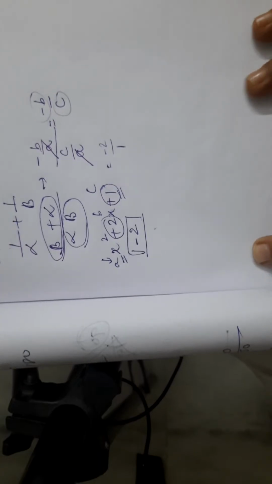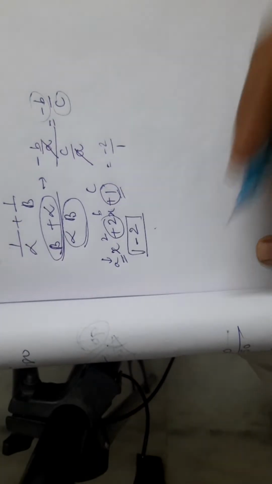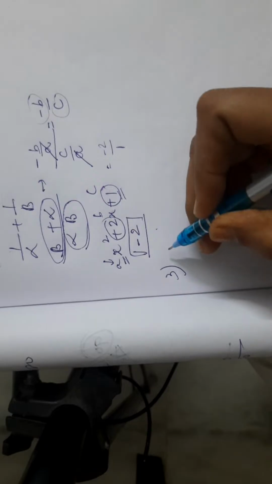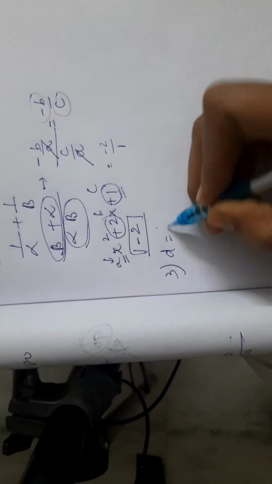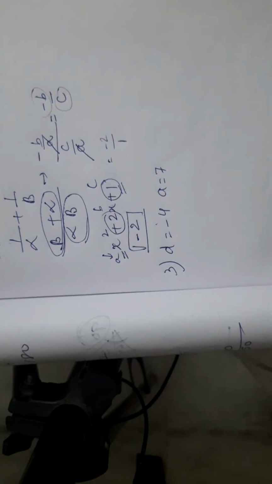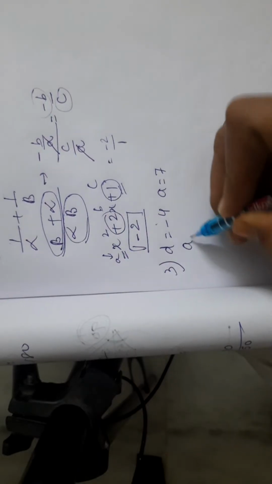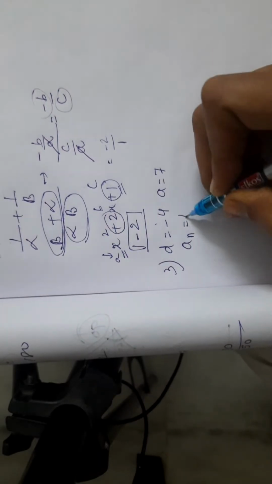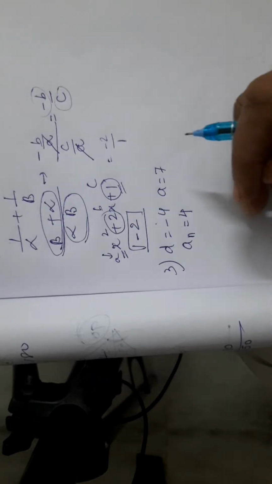Now coming to the next question. Here the question is from AP, where it is given d is minus 4 and n is 7, and a n is 4.